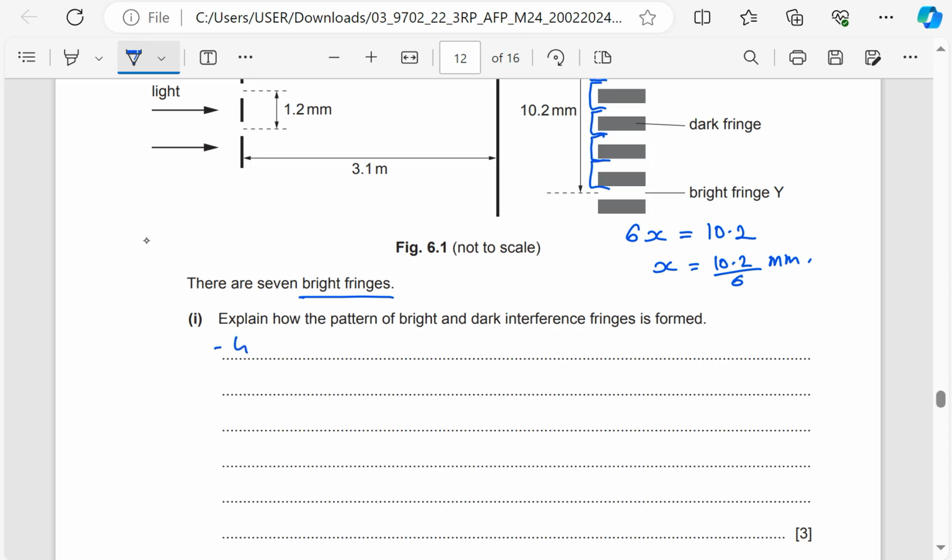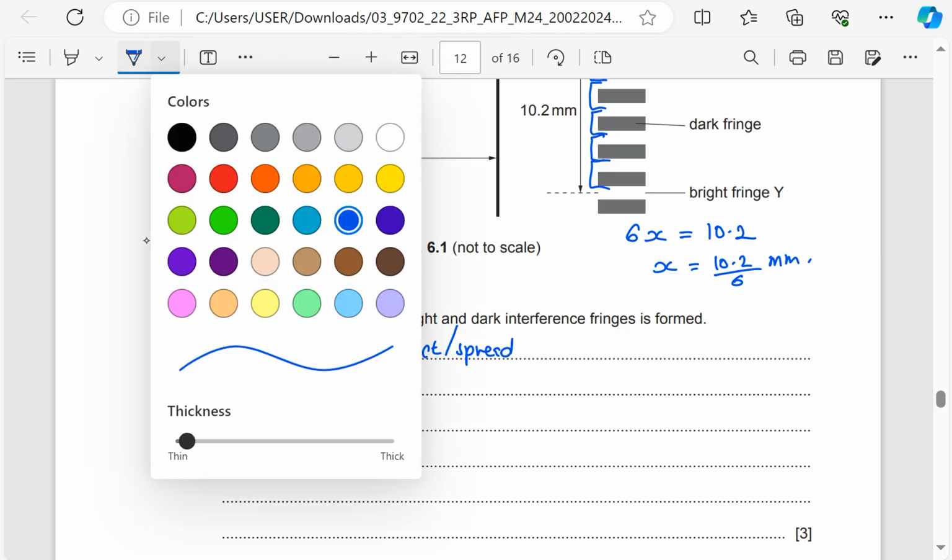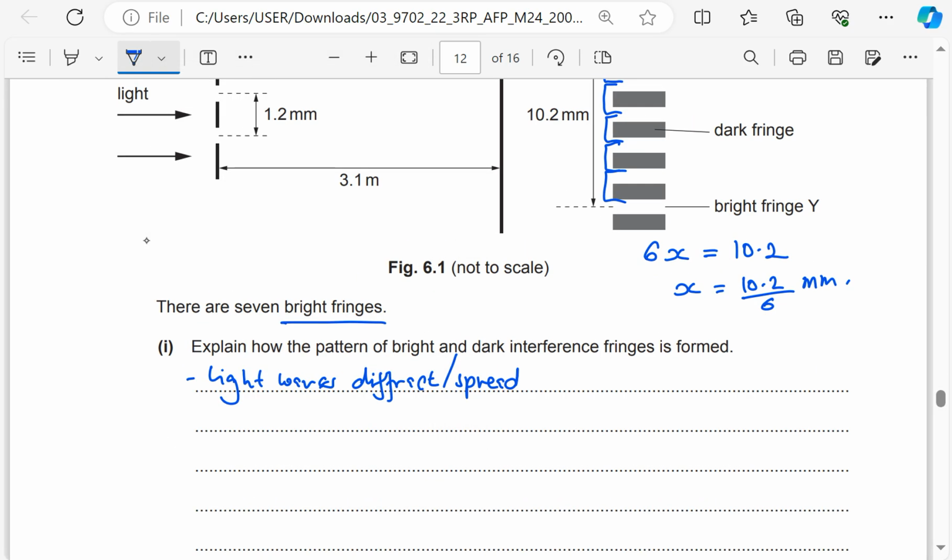So one, I would say light waves diffract, or you can use the word spread. Light waves diffract or spread at the slits.